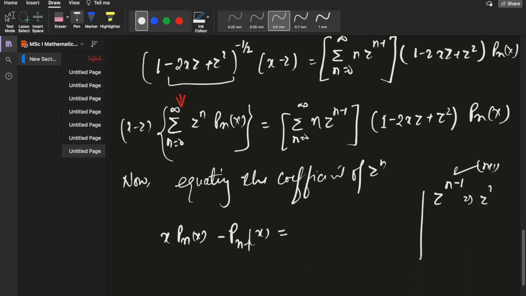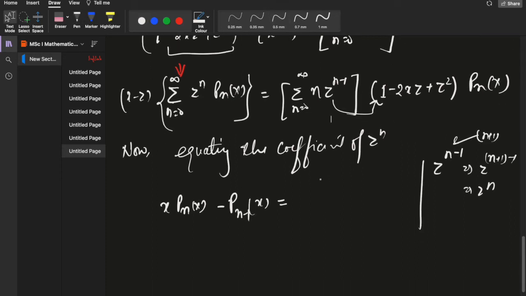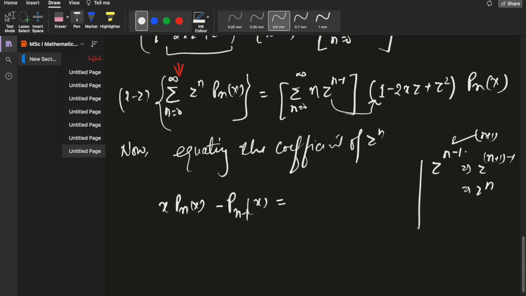Now substitute here, z to the power n plus 1 minus 1 will give me z to the power n. So for the first term, n must be n plus 1. Here there is no coefficient, so it will give me n plus 1. We will replace n with n plus 1 here, and P_(n+1)(x).